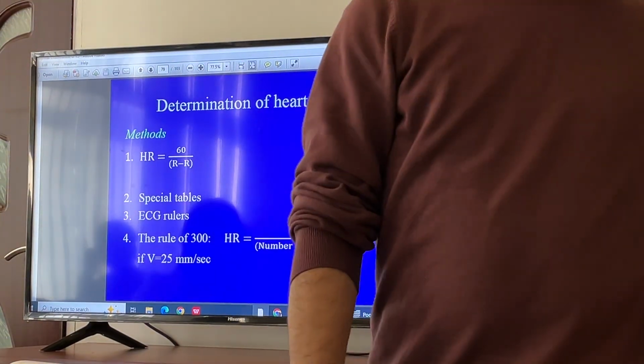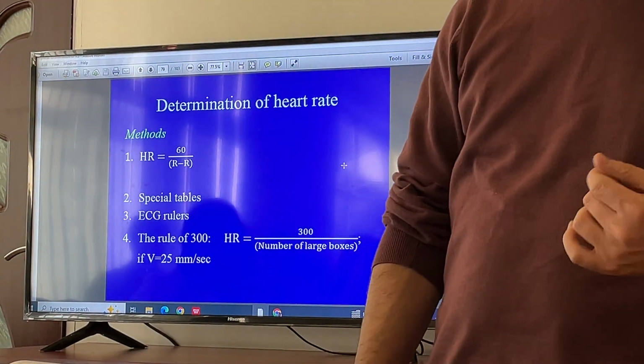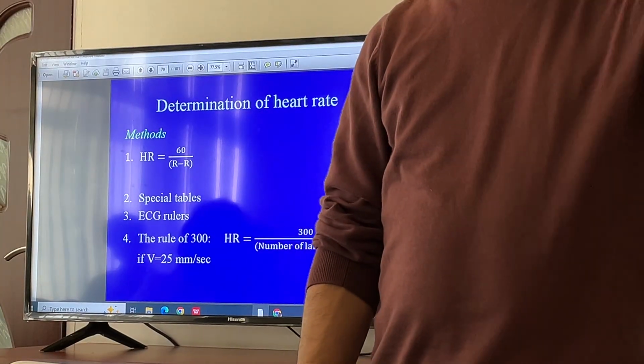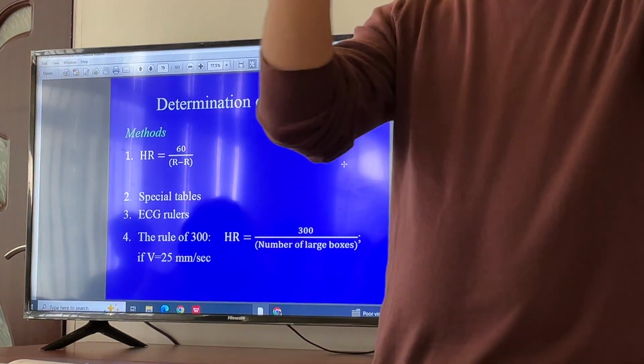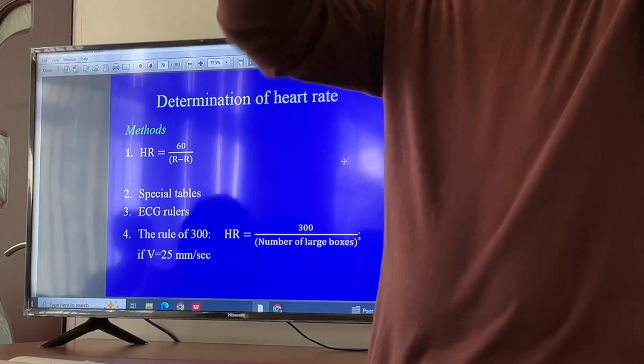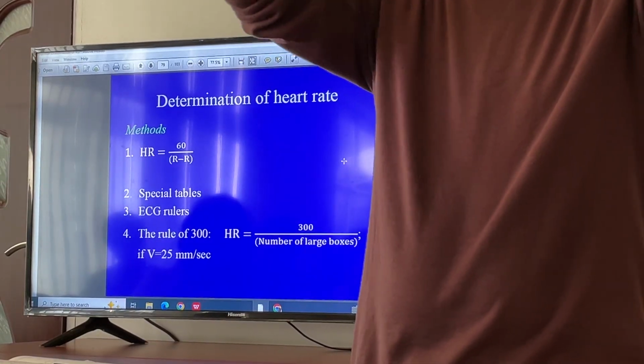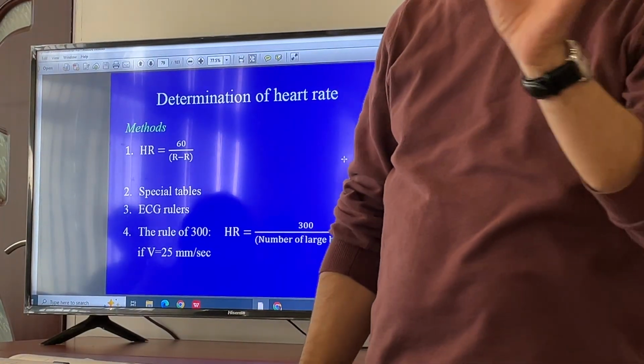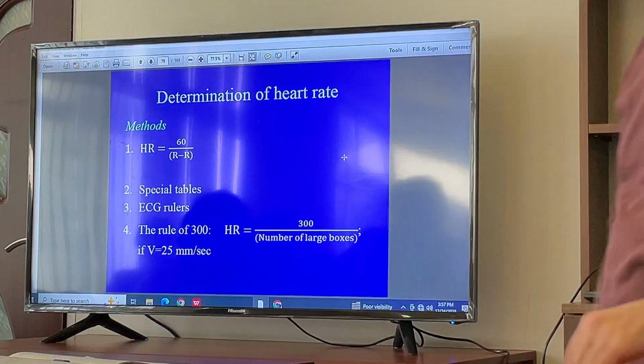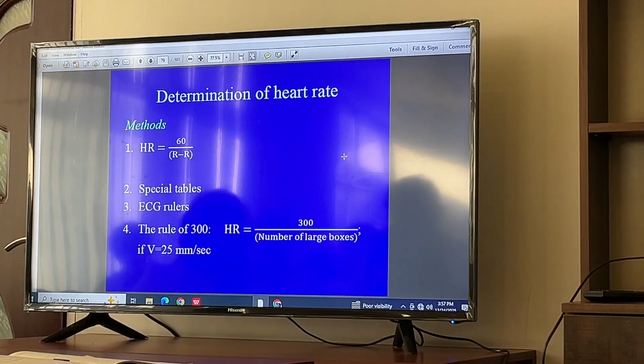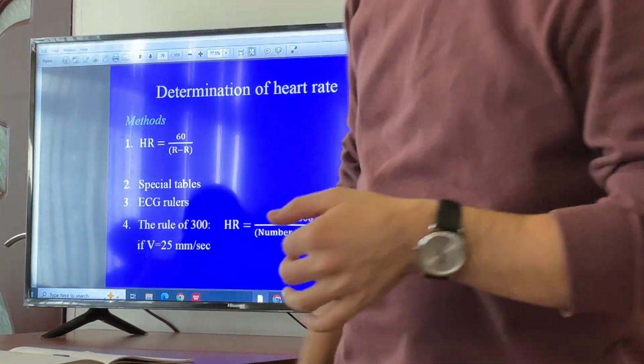ECG rulers, next time I'll bring and show you. It's a special ruler. You select 2 or 3 QRS complexes, one arrow, and at the second arrow it is already written 100 beats per minute, 120. It is a calibrated ruler, and usually has 2 sides, one for 25 millimeters, the second for 50.